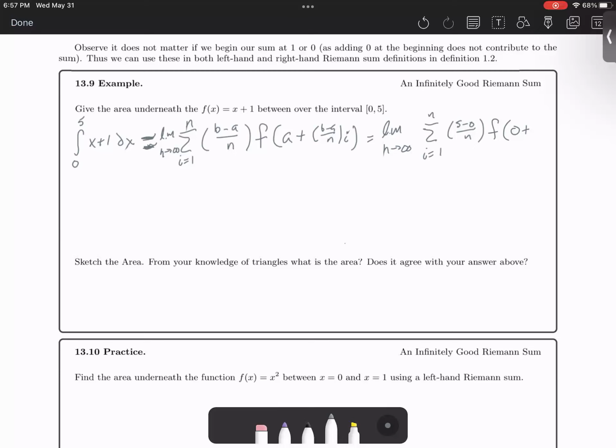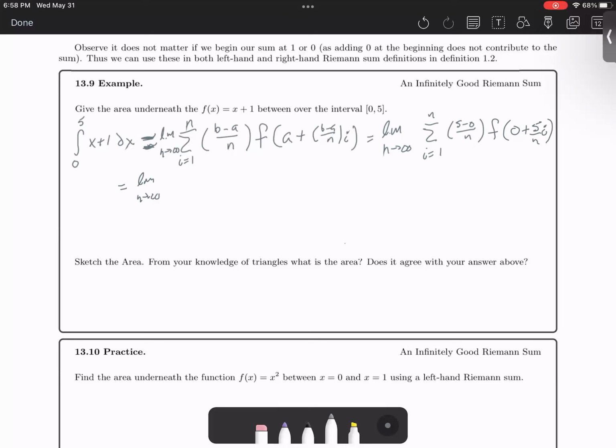We already know that b minus a over n is 5 over n. So 5 over n times i. In fact, even on my next step, I'm not going to tell myself what the function is. Right? The algebra here can get kind of messy. So you want to simplify as much as possible before you move on.